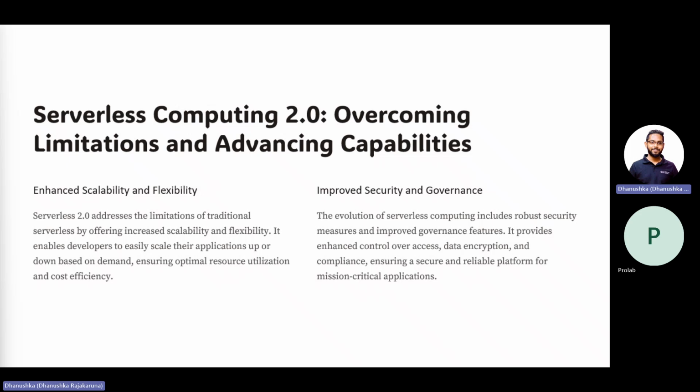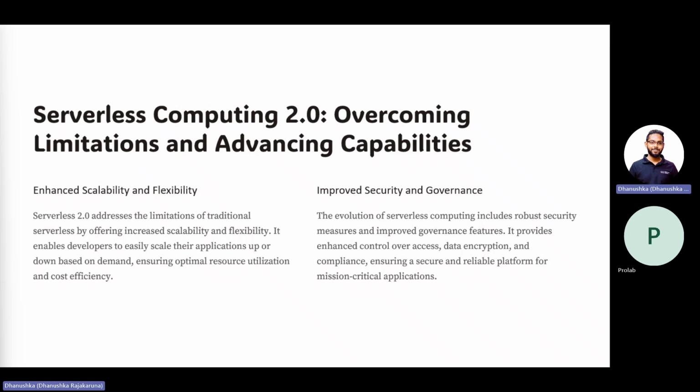Improved developer experience, and security enhancements like serverless-specific security measures like Function Shield, granular IAM policies, and runtime protections. Eco-friendly compute optimized for energy efficiency, contributing to sustainability goals. So the future possibilities with serverless 2.0 will be composable services, hybrid cloud serverless, and self-healing functions.